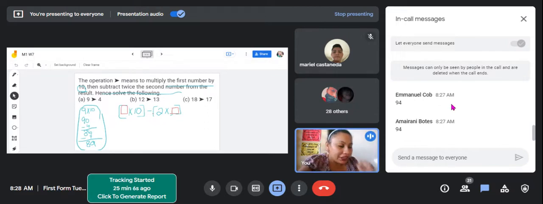So if you guys are not writing, you should be writing because this is a question in the assignment for this week, right? So let us check this answer. My first number is going to be 12 and my second number is going to be 13. So 12 times 10 gives me 120.